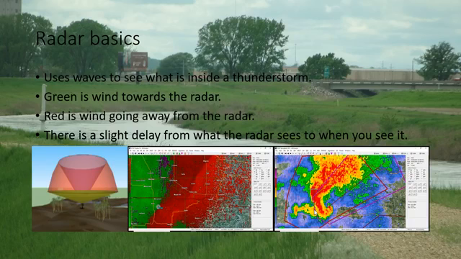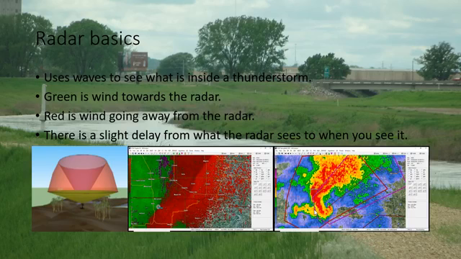And you can see the hook echo in that one. You've got your rain-free base right there at that hook, which we call a hook signature. You've got your inflow coming in along the bottom there, right there in green, coming up, and that's your front flank, your intake flank.